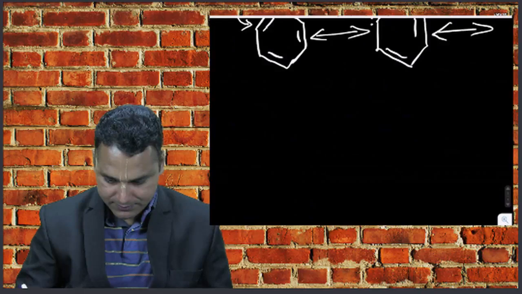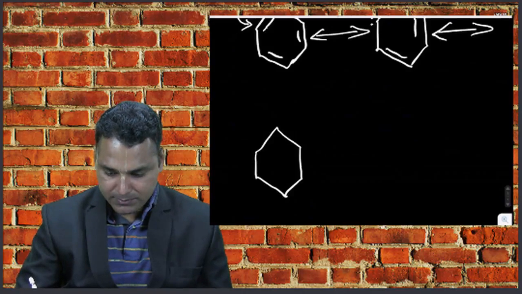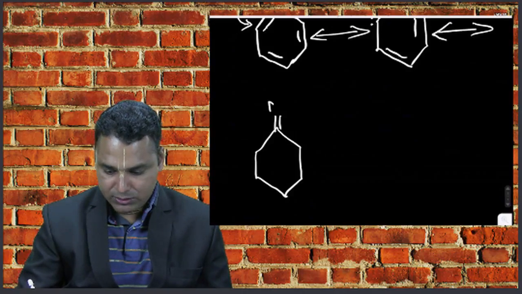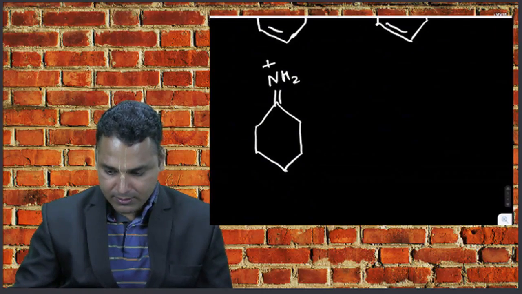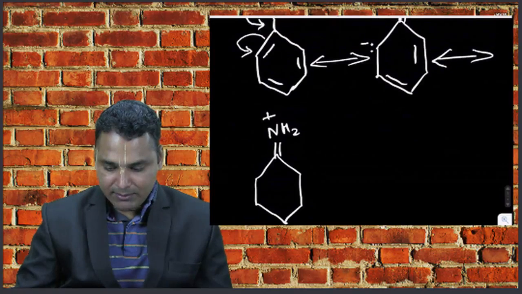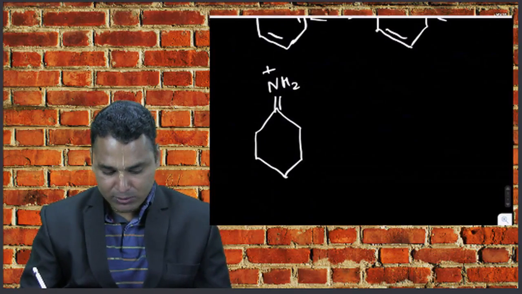How? We'll see. This much we already know, NH2 plus, how it happened. And now we can see the double bond has broken, and the electrons got shifted to this position.